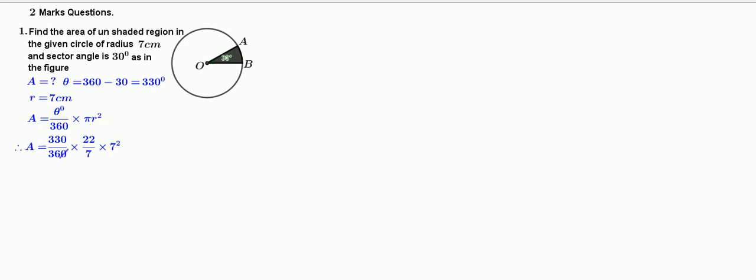Here 0 gets cancelled. Therefore A equals 33 divided by 36 into 22 divided by 7 into 7 into 7.